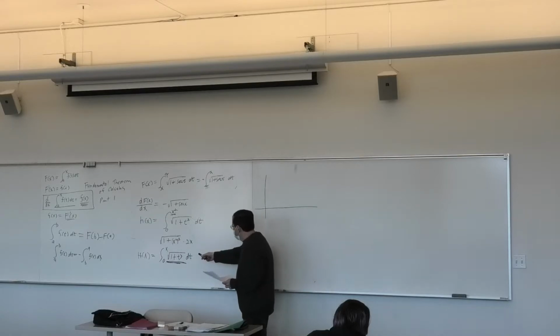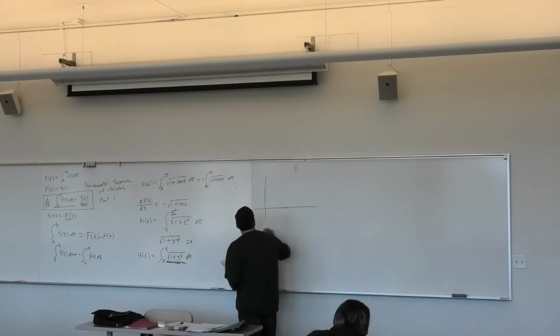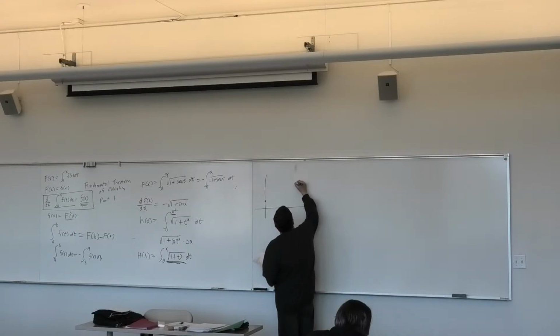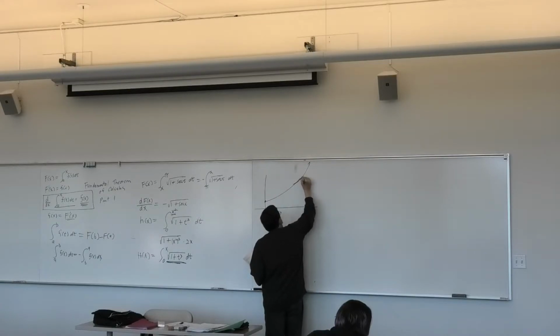So I'm going to graph 1 plus t cubed. What does that look like? Well, at 0, it's 1. And for large x, it looks like x to the 3/2, so it's going up faster than x squared. Something like this.